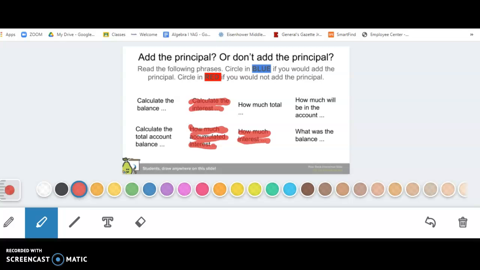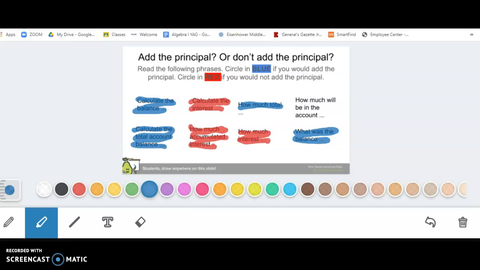You're done. Okay? The ones that tell you to calculate the balance or the total. How much total? Calculate the balance. What was the balance? Or calculate the total balance, right?